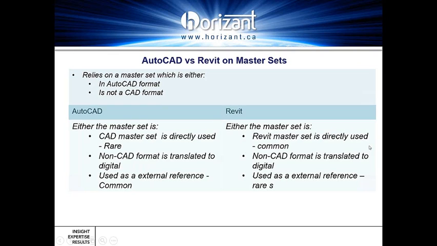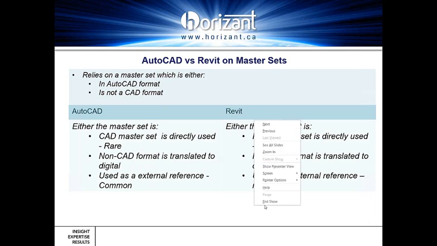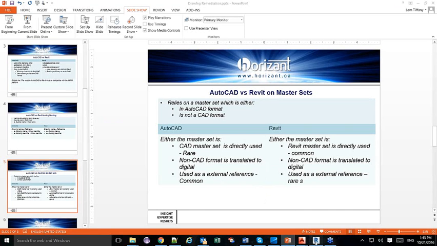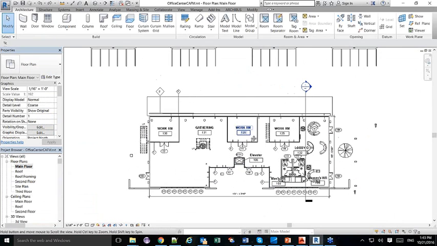So now let's switch over real quick to what that Revit drawing would look like. So here's that same Revit drawing that we saw earlier in its pure Revit form.